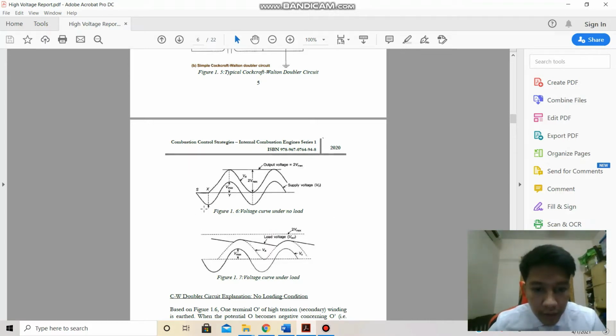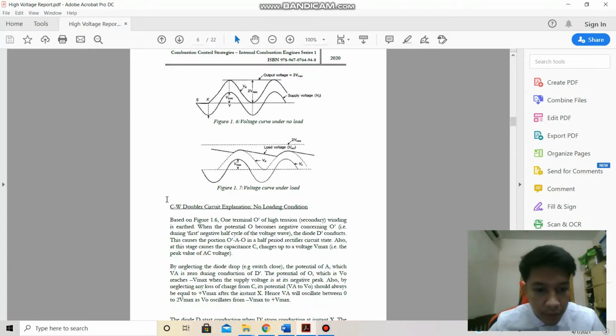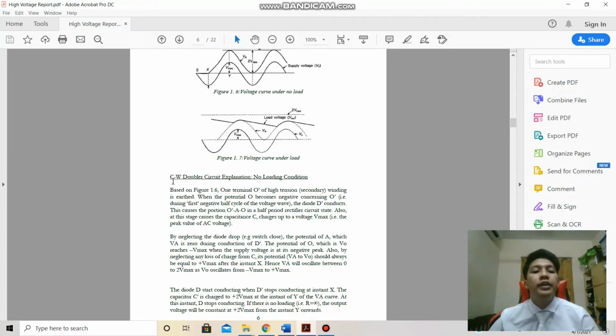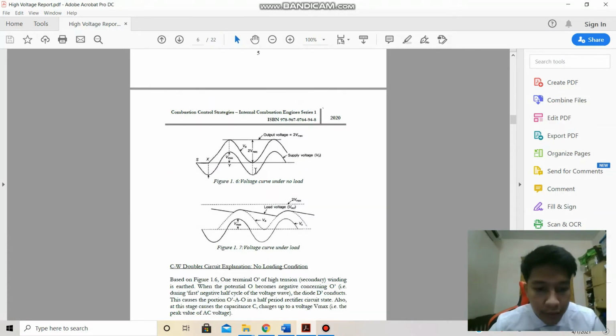As you can see, the graph is straight because they have V peak. This is the output V peak, and this is the voltage curve under load. You can see it is very smooth. And then, as you can see, for the circuit under no load condition, this is the condition.